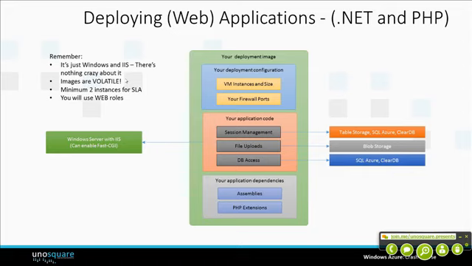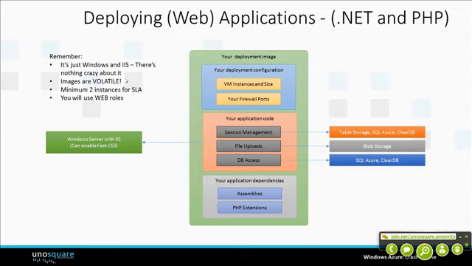In some cases we're going to have JBoss. In some others we're going to have Glassfish. But we're not going to be using IIS in Java, right? We're going to be using other types of servers, and those are called worker roles. But .NET and PHP use Fast CGI, the Common Gateway Interface, and it integrates with IIS. Therefore, we can use web roles.